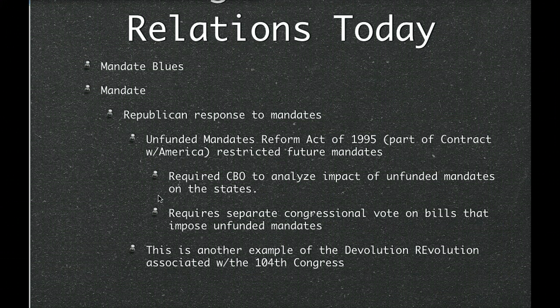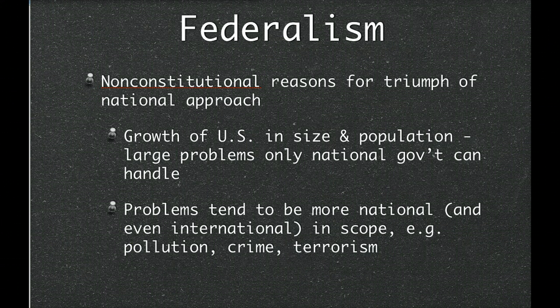And it also required separate congressional votes on bills that imposed unfunded mandates. The goal of this was to perhaps embarrass the opponents or those who are promoting bills which required the states to pay without the federal government coming up with any money. Now, this is another example of what we call the devolution revolution that was associated with the 104th Congress, and we're getting to what all that means in a minute.